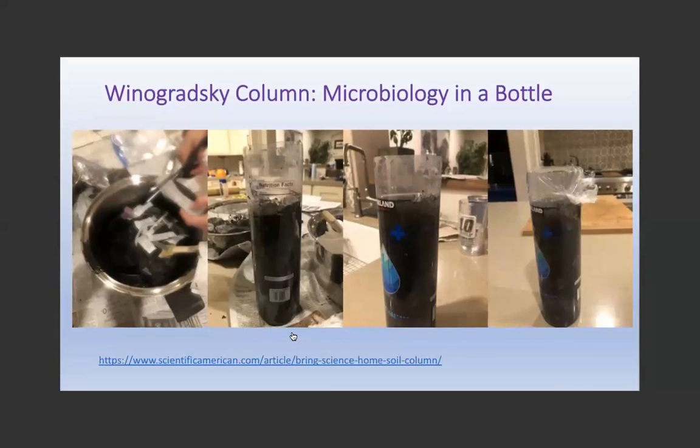So I'm going to go back here, and this is how you set it up. This is a link. This is from Scientific American. You can find this column almost anywhere, and you can do it in a variety of ways. But this is the way you set it up typically, and you add different components within this column. And so this happens to be pond soil. So you could get beach soil, pond soil, and you create this ecosystem within a bottle.